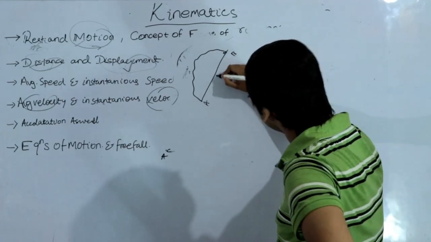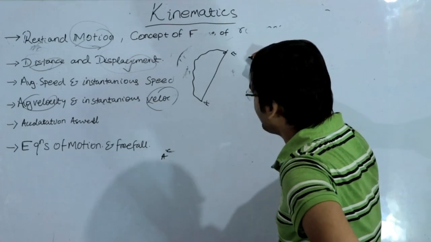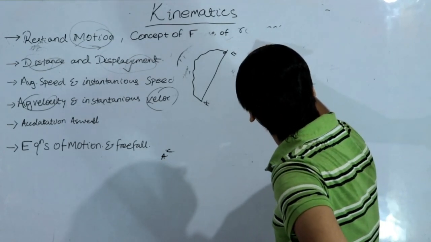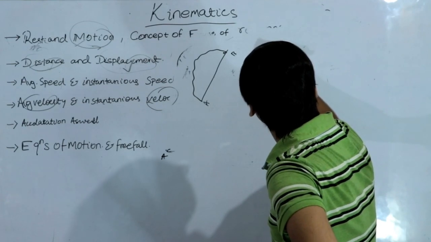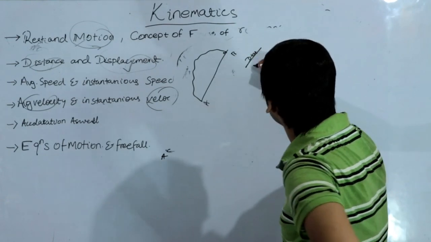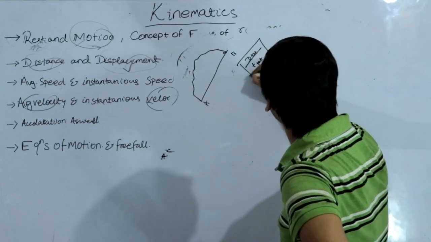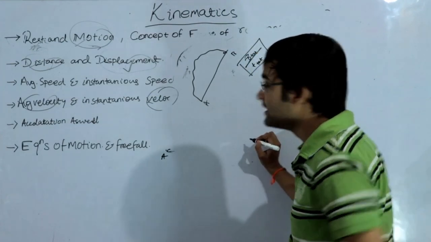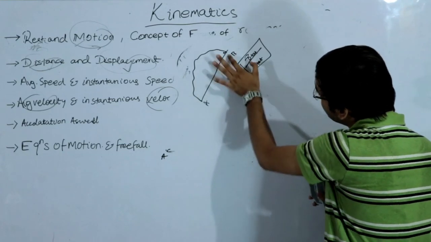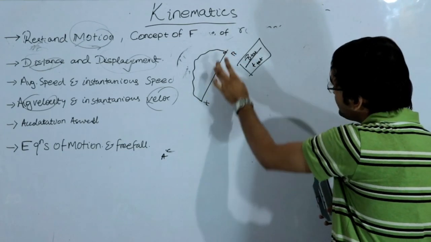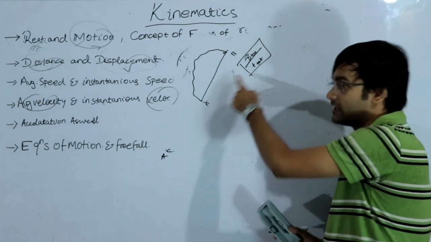So average velocity is equal to the total displacement d total over the total time taken, t total. This is called the average velocity, and you should have an arrow mark here, the total displacement traveled from A to B with the total time taken.